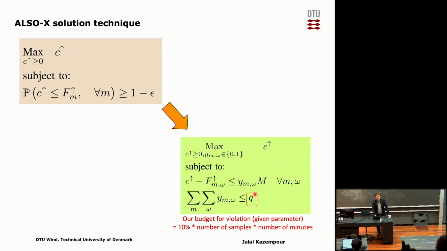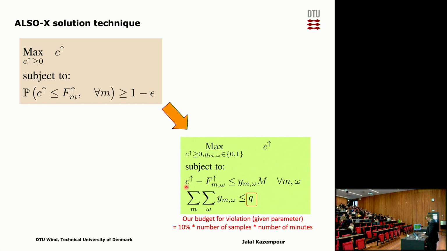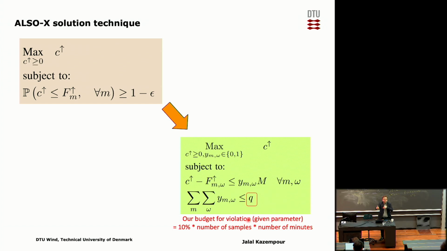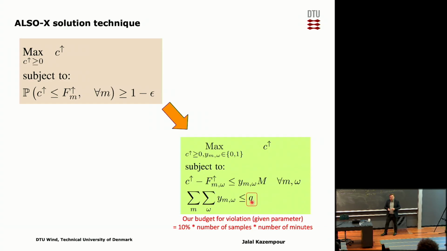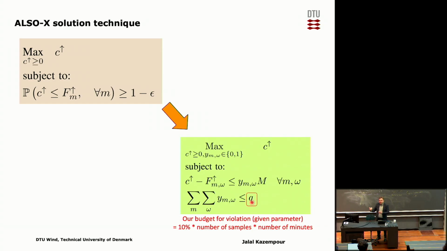So let me challenge you. By decreasing Q, let's say that it's not 600, but it's 500. What will happen to C up? Will it increase or decrease? Decrease. It will decrease because you are reducing its budget for violation. By increasing Q, saying that not 600 but 1,000, you provide more flexibility for the optimization problem to violate this constraint.